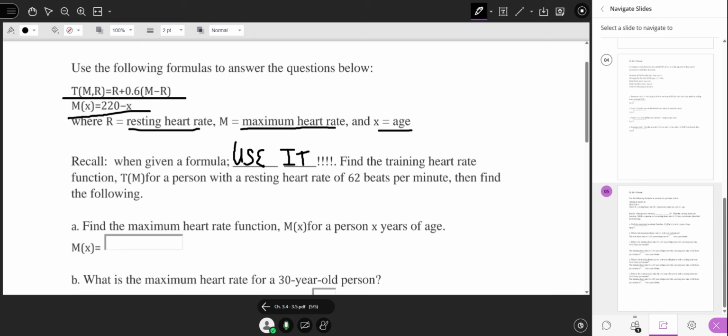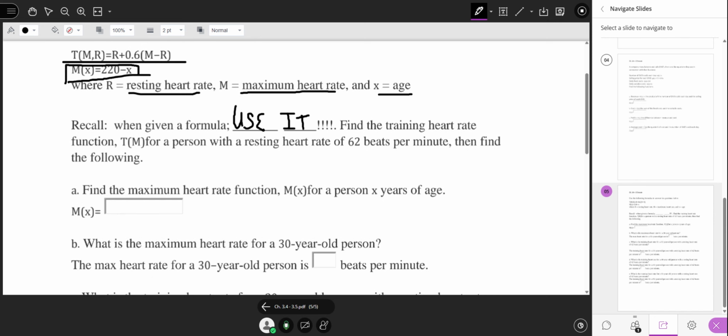X is your age. This is the easiest formula ever. 220 minus your age. Part A is rewrite your formula. 220 minus X. Easiest thing ever.